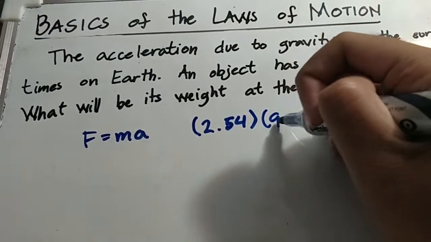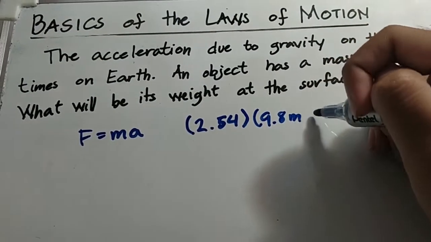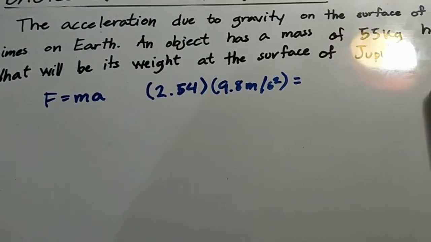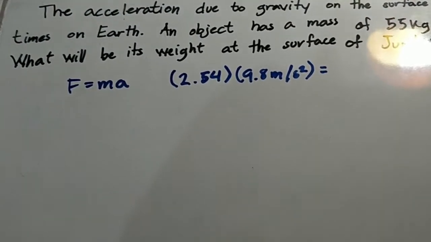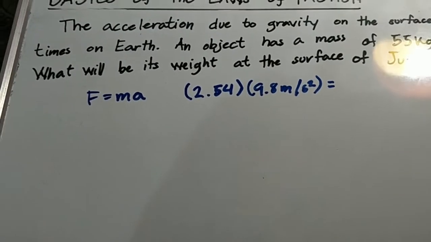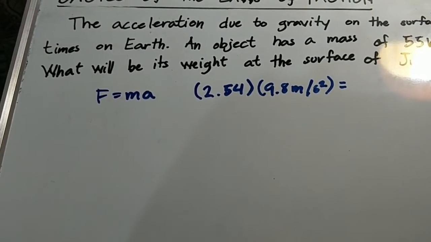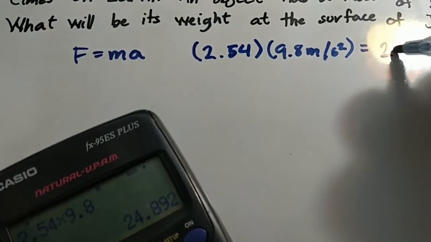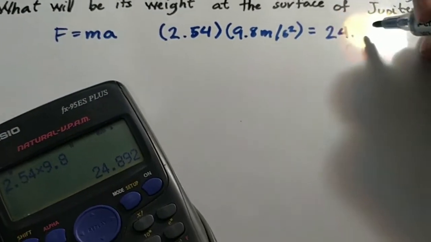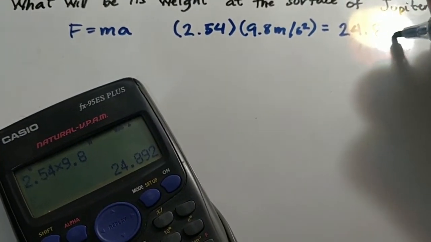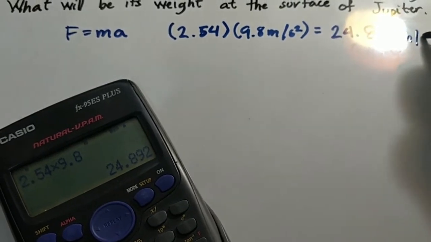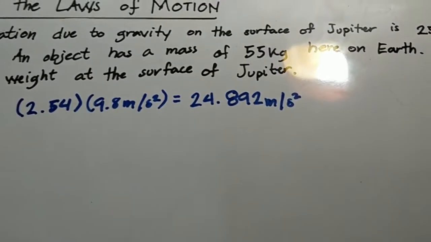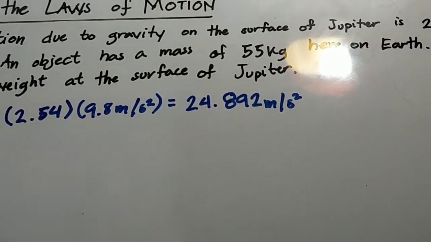Yun ay 9.8 meters per second squared. Yan ang makukuha natin sagot dyan. Is the acceleration due to gravity sa Jupiter. So, ang sagot dyan is 24.892 meters per second squared. Yan ngayon yung ating acceleration due to gravity sa Jupiter.